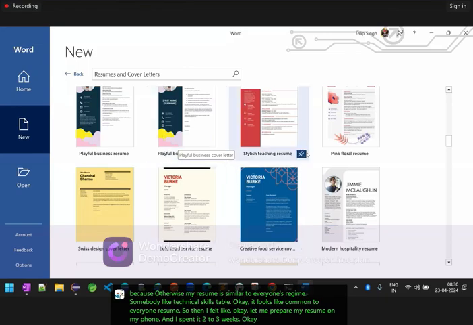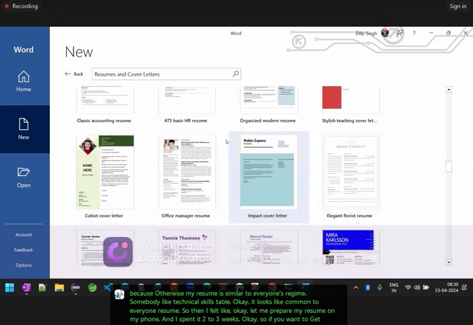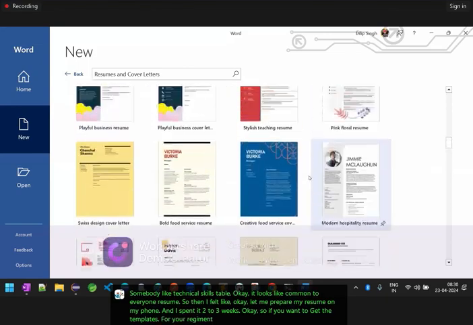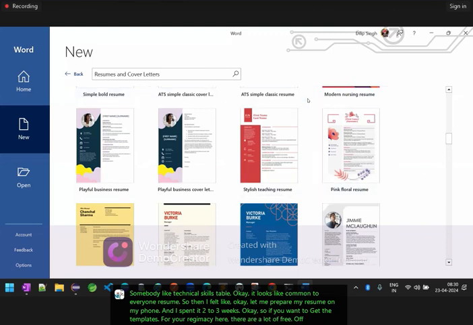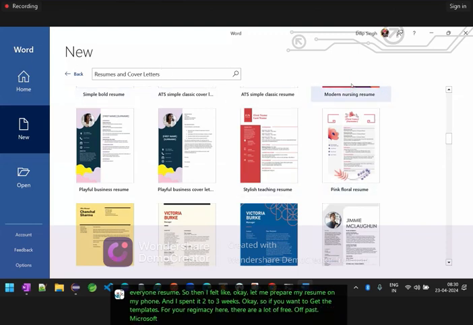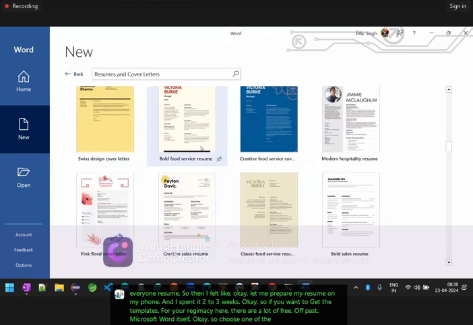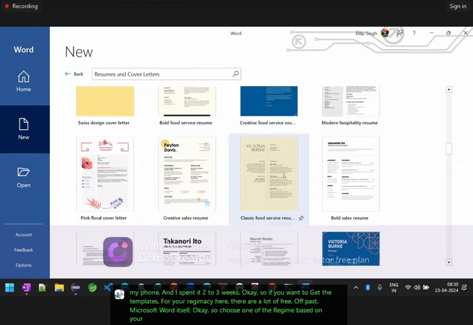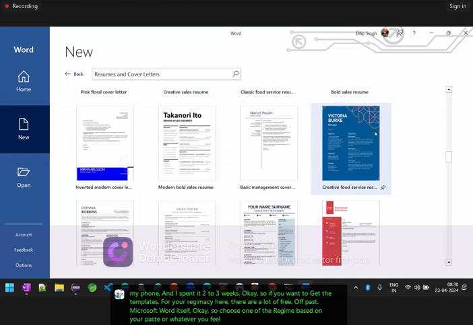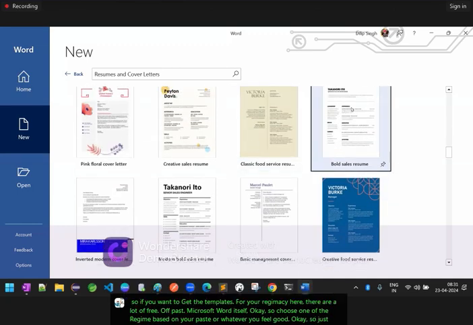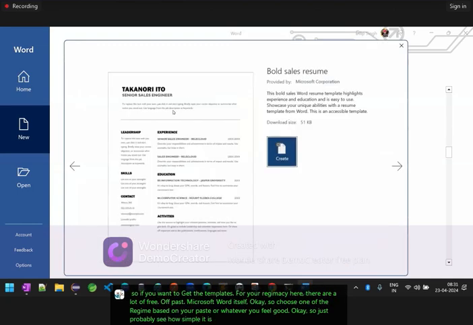Okay, so if you want to get templates for your resume, see here, there are a lot of free of cost templates. Microsoft Word itself is providing. Choose one of the resumes based on your taste or whatever you feel good. See how simple it is. When comparing with the regular resume formats, it is a little bit good, right? Very simple and very good.